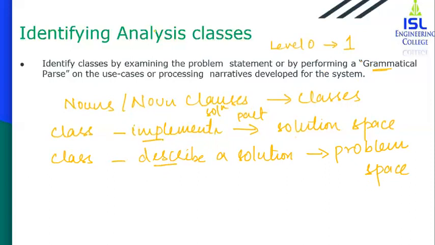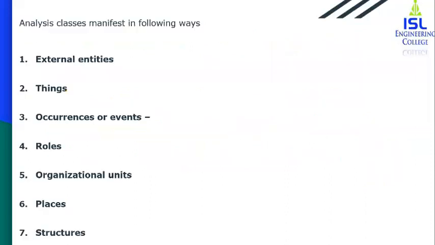Now, the next question is how you're going to identify the different analysis classes. To identify them, these are the following ways. The first one is external entities. External entities means any system, any device, or people.